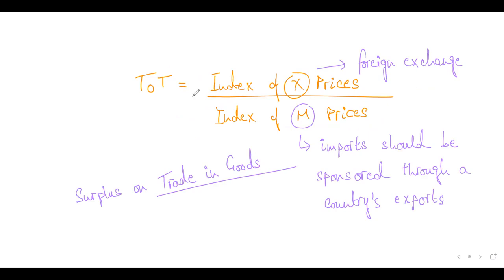So terms of trade shows how much stronger are your export prices compared to your import prices. Basically, it shows how much more or how much less exports you need to do to support your imports. Now, this is again a difficult language. Let me put it like this.